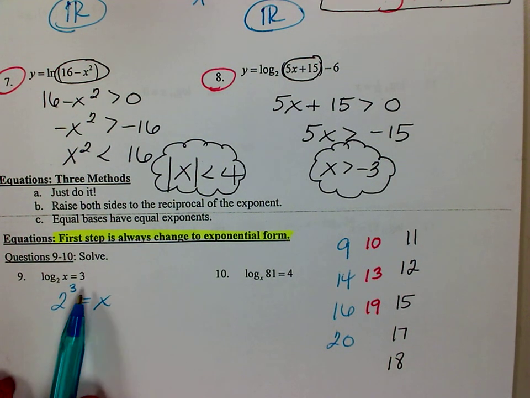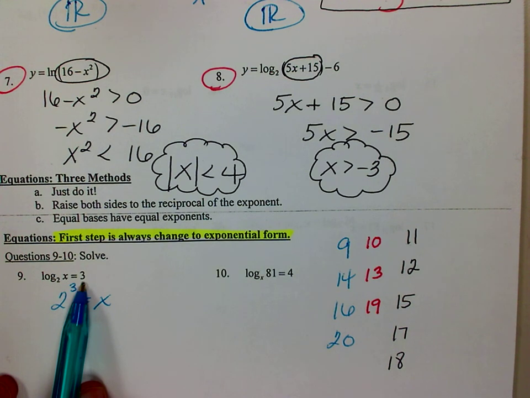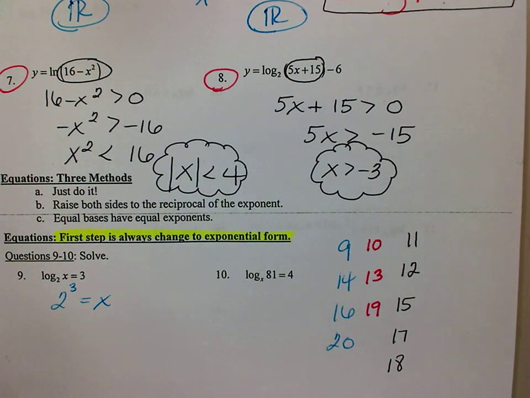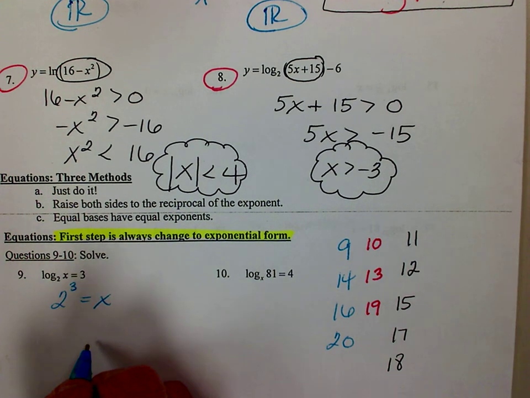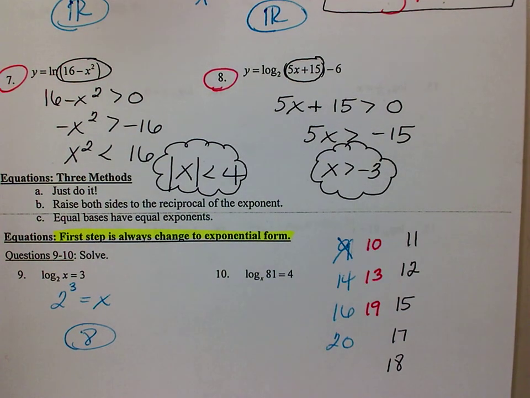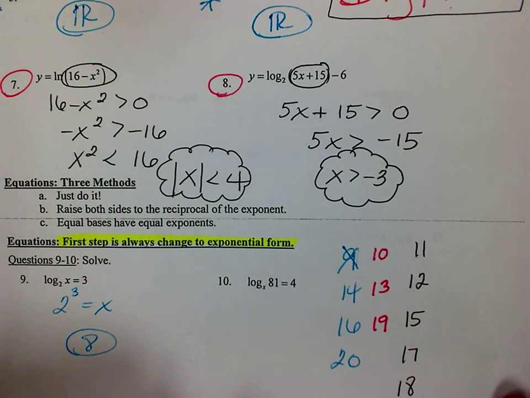If you recall, whatever is by itself, that's the exponent. Before, there was nothing there, so we didn't know what the exponent was, but now we do. So it's 2 to the 3rd equals x. So that means my answer is 8. Okay, let's look at the other 3 that are similar.